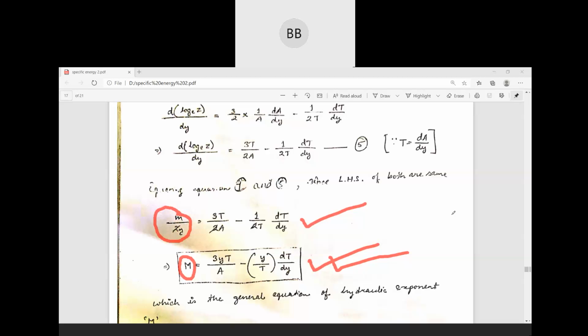Then you take logarithm, then you differentiate. Then that equation number 2 also you take logarithm first and then differentiate. And then you equate both the equations and you can easily find out the expression. It's very simple. Only you have to take first logarithm and then you have to differentiate.